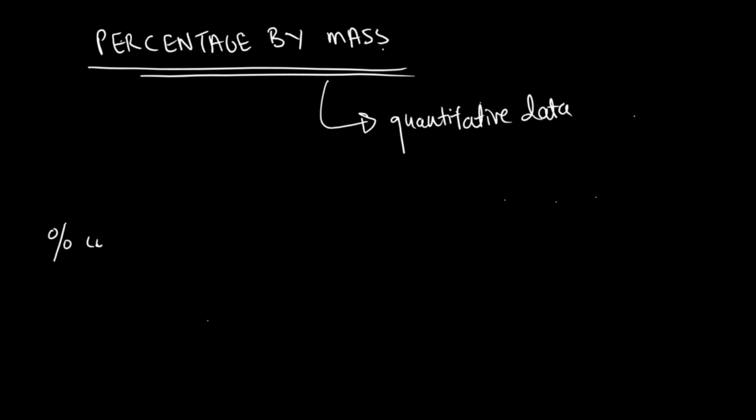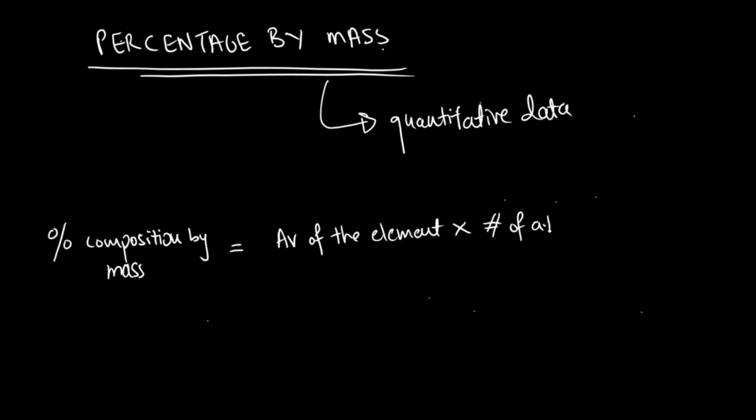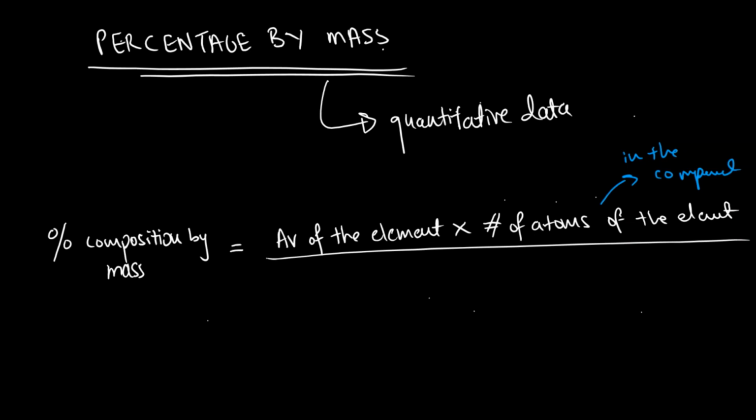So we say percentage composition, sometimes called percentage by mass, composition by mass of an element is equal to AR of the element into the number of atoms of the element in the compound, divided by the MR of the compound.